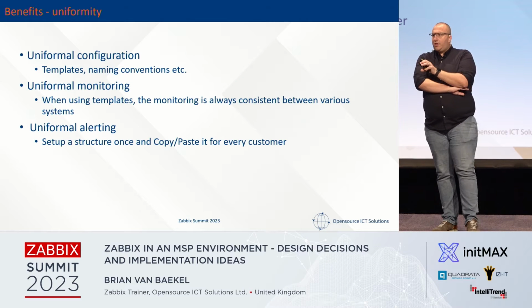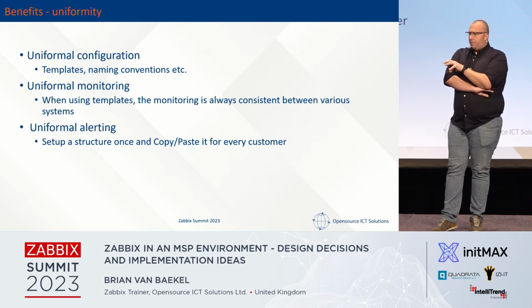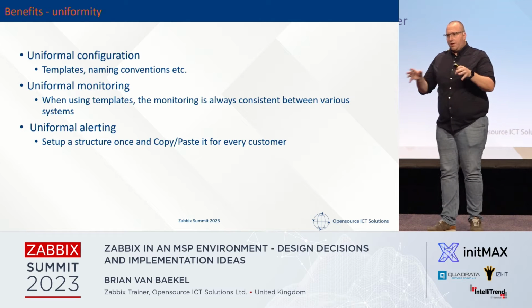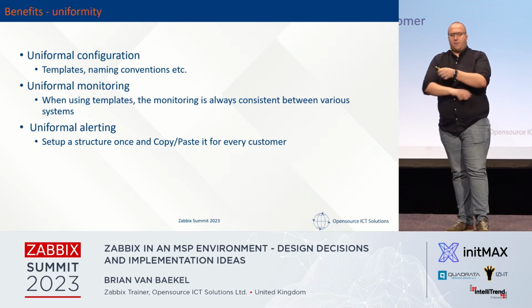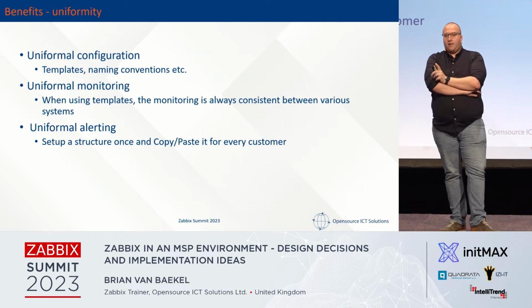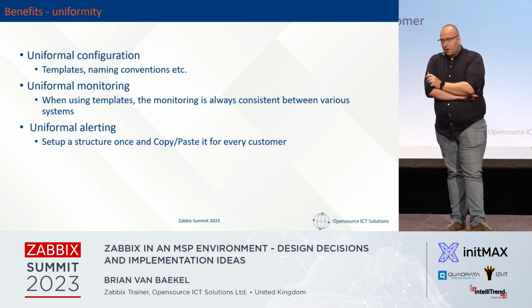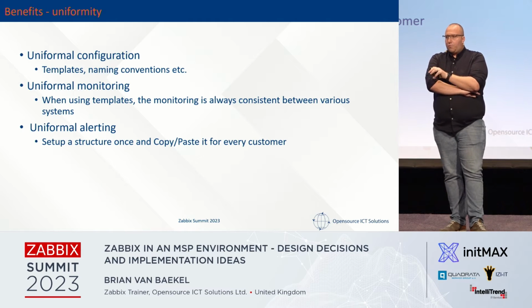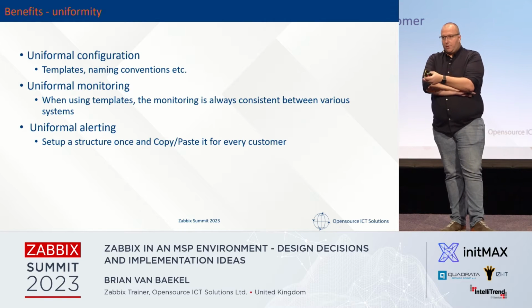Okay, so let's just focus on one instance, because that's what we typically see. One big instance, many proxies tied to it. We get another benefit: uniform monitoring, uniform configuration, and uniform alerting. Since you are playing around in one Zabbix instance, it is really just reusing your templates instead of synchronizing them.